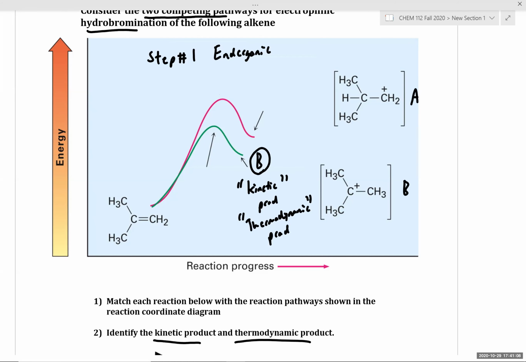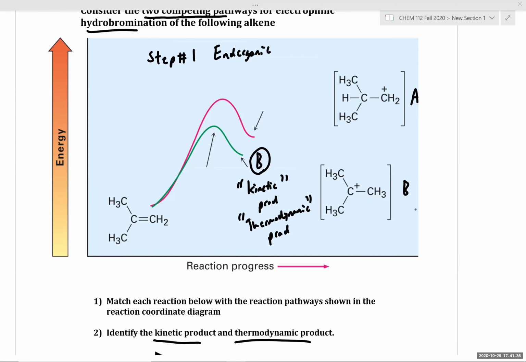Would anyone else like to contribute some input into this discussion? So we assigned tentatively that the green reaction pathway will generate intermediate B. So we think intermediate B is generated as the quote-unquote kinetic product, as it has the faster rate of reaction.